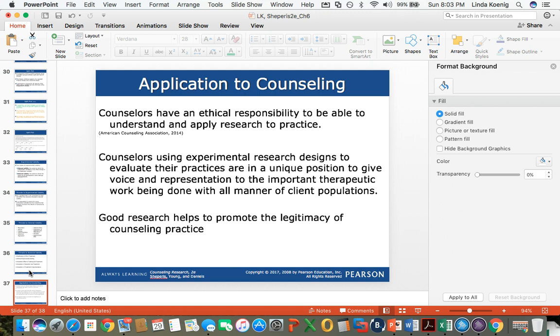So if counselors are using experimental research designs to evaluate their practices, then they're in this unique position to give voice and representation to important therapeutic work that's done with their client populations. And no matter what that is, if you're specializing in depression or PTSD, if you are doing research in your practice, then you can have this voice on a larger stage.